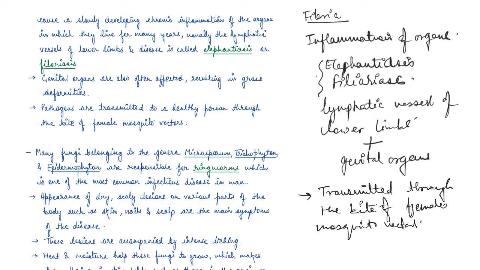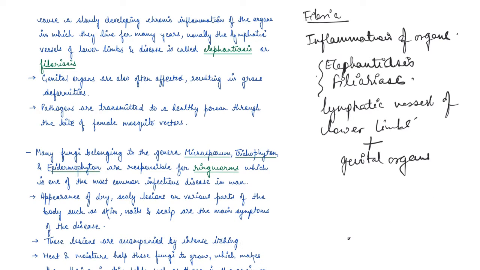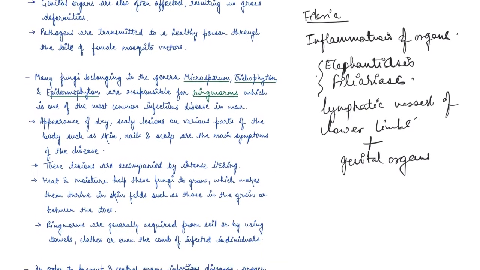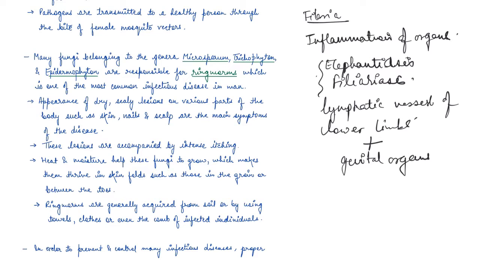Now, these are all the different protozoan and worm diseases. We also have many fungi belonging to Microsporum, Trichophyton or Epidermophyton, which are responsible for ringworms, one of the most common infectious diseases in man. There you have the appearance of dry, scaly lesions on various parts of the body such as skin, nails, and scalp.